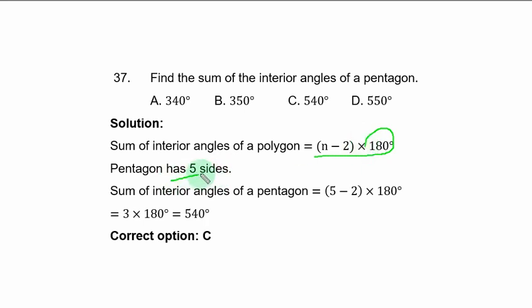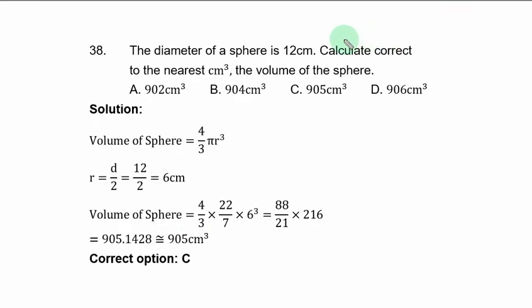Pentagon has 5 sides. That means n is 5. So you have 5 minus 2 times 180 degrees. That is 3 times 180 degrees, and you have 540 degrees. C is the correct option.